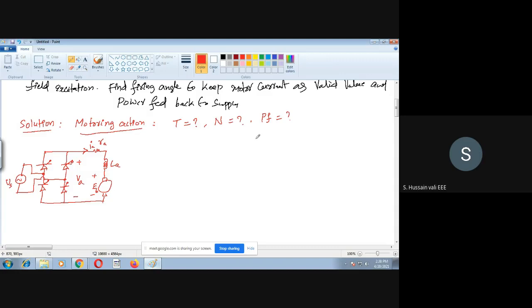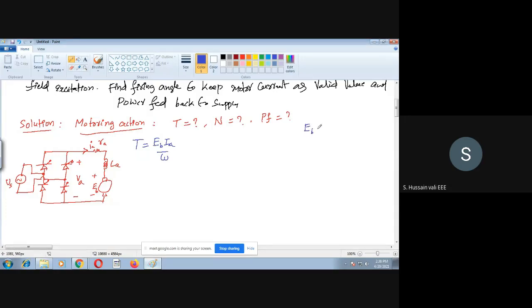Now what are the equations to find the torque? First we will know about these equations. Torque, if you remember, can be written as EB into IA by omega. What is EB here?